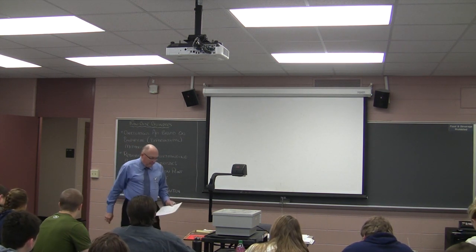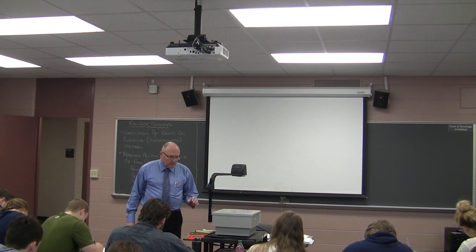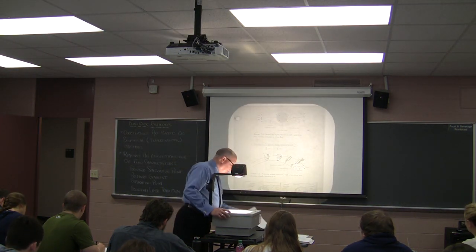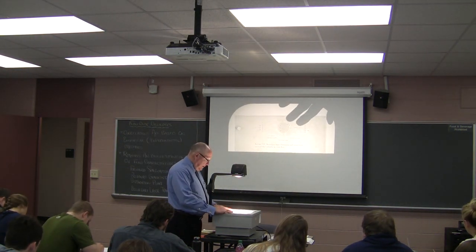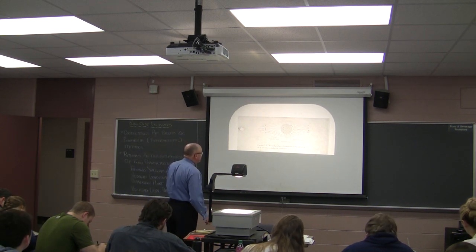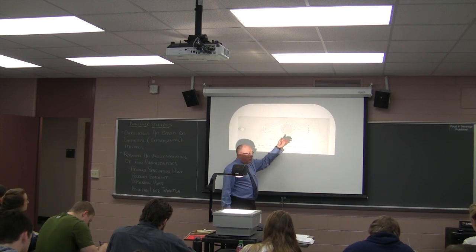Let's take a look at the slide. All of these pictures are in your notebook or in your textbook in chapter 7. All right. The first picture is of a circular cylinder in cross flow.